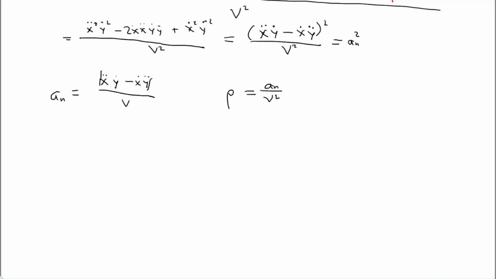And a reminder where we're headed. We want rho equals a sub n over v squared. All right. Well, let's keep on working with a sub n. What we have to remember now is that we want this not in terms of motion necessarily, but from the shape of the curve, the y equals f of x shape of the curve.